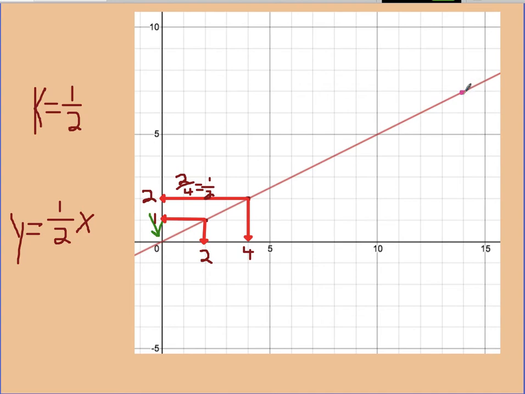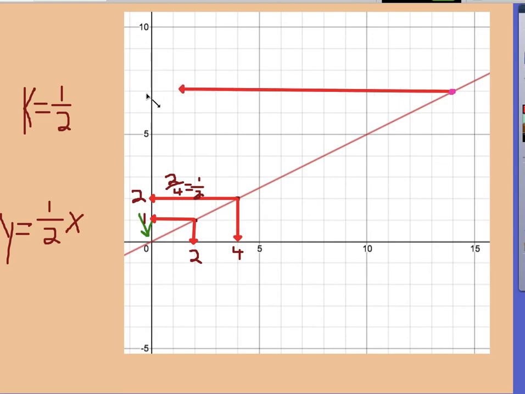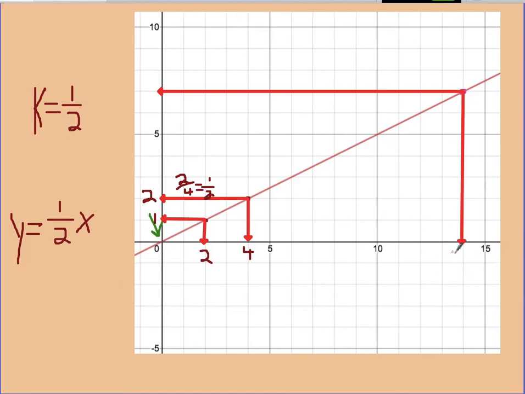So let's even find a point that's all the way up here, just for example. That would be here and here. So this would be 14 for the x value, and this would be 7 for the y value. So that would be 7 over 14 if I chose that point, and that simplifies to 1/2. So it doesn't matter which point we choose, it'll simplify to the same proportion, and then our equation will be the same when we get that.